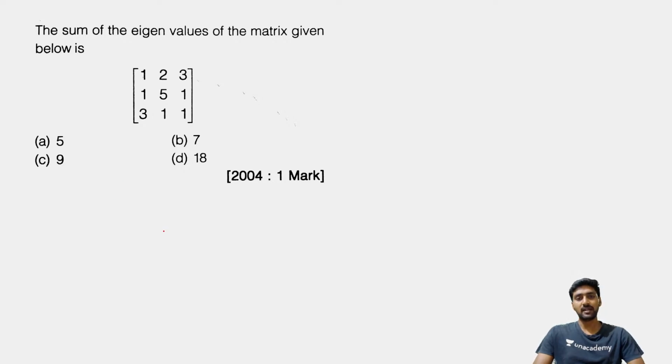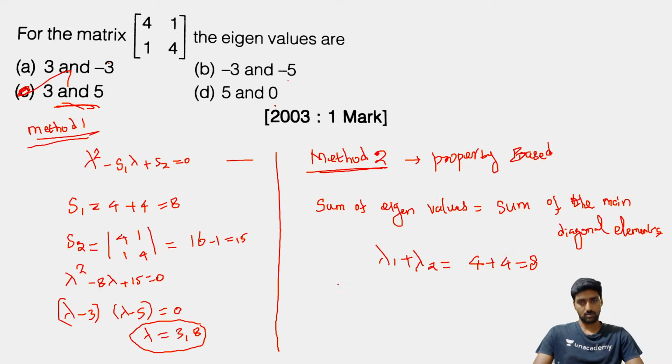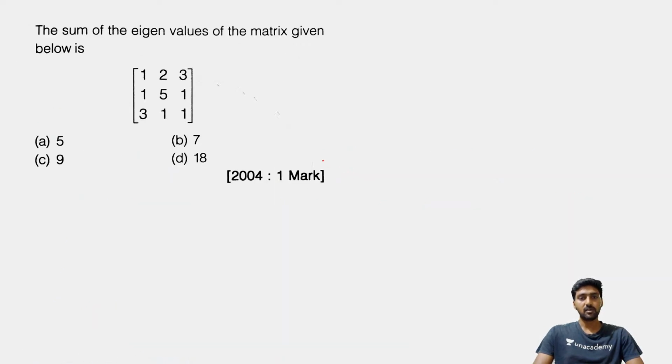Okay, next. What will be the sum of the eigenvalues of the matrix given below? As per the previous one, the sum of the main diagonal elements is equal to the sum of the eigenvalues. It's a 3 cross 3 matrix, so we will get 3 eigenvalues.